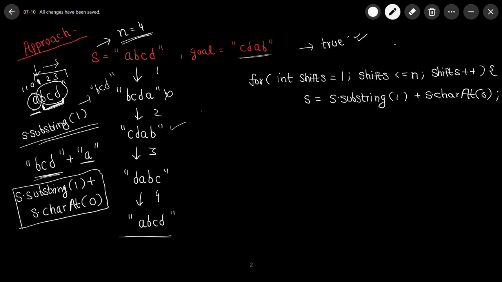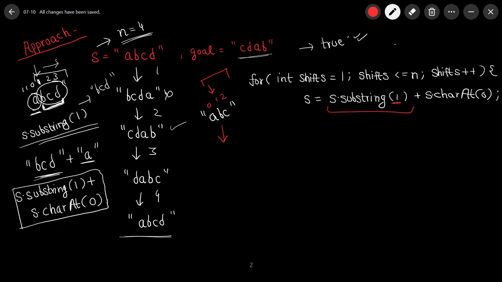If I explain again, suppose we had ABC, indexed 0, 1, and 2. If you want to shift it, we do s dot substring 1. S dot substring 1 means starting from index one, we take the entire substring.